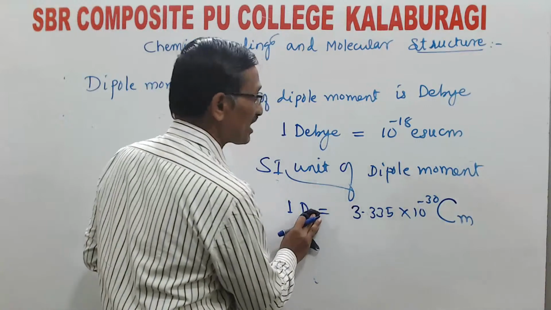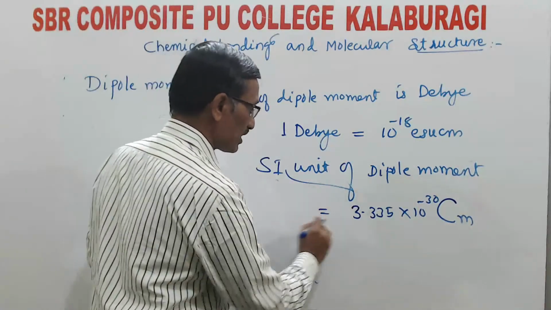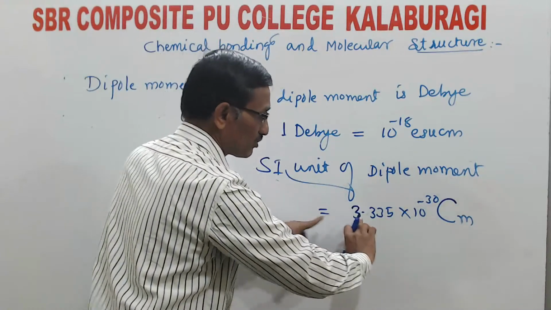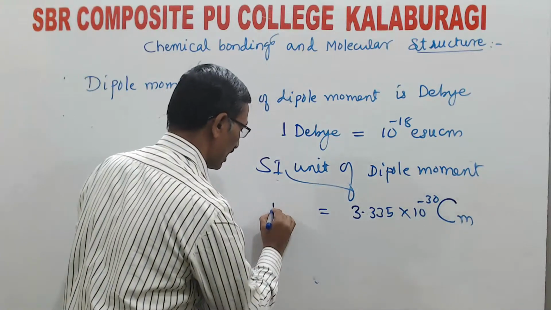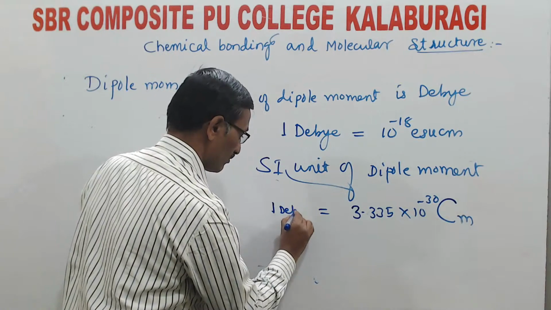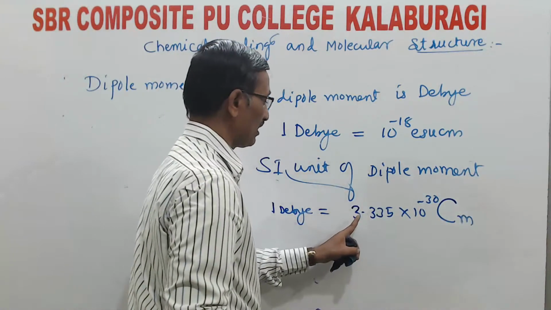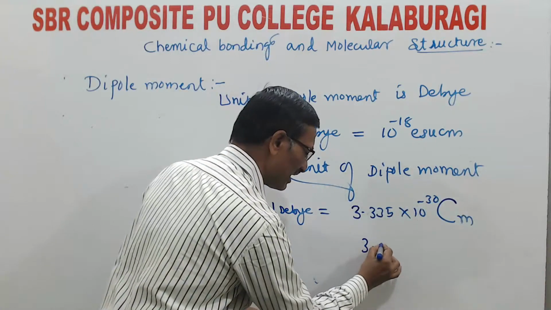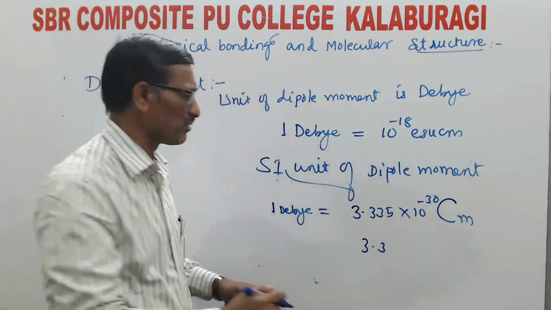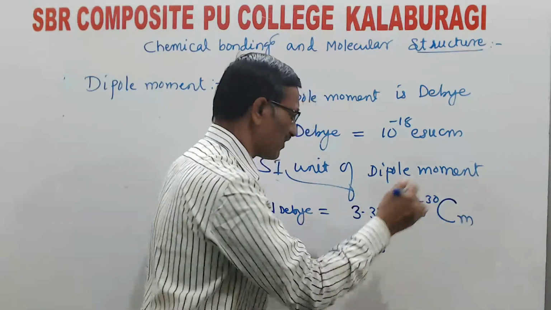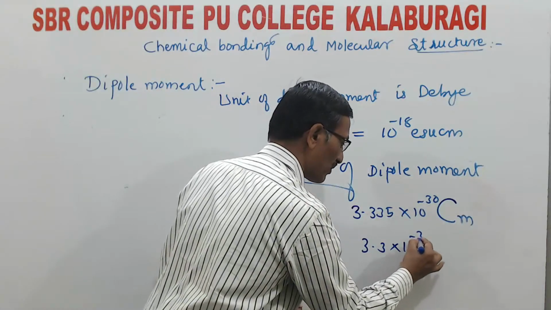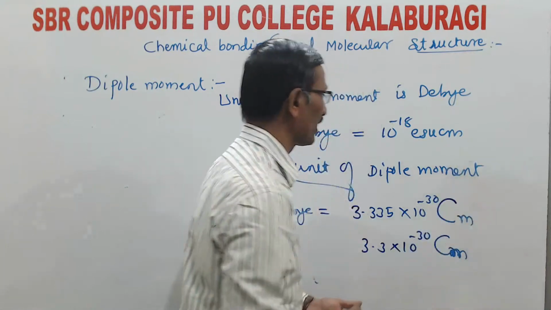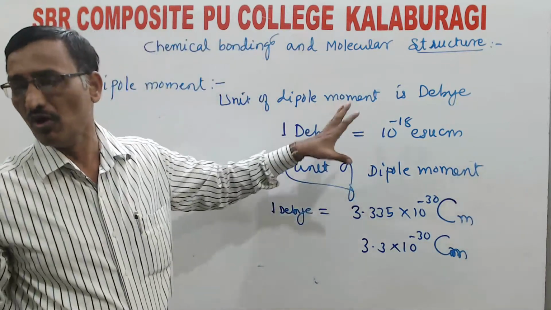If you are going to the SI unit, you have to multiply whatever is given in Debye by 3.335 into 10 to the power of minus 30 coulomb meter. During the multiplication, don't go for 3.335, you may get confused, use 10 to the power of minus 30 coulomb meter. Okay, so these are the things that you have to remember.